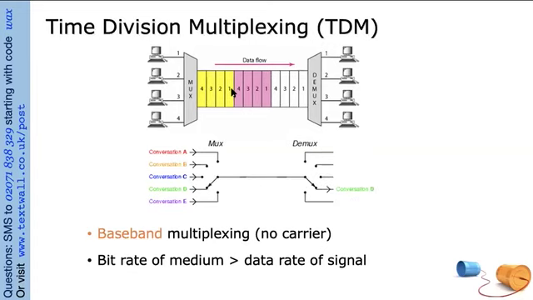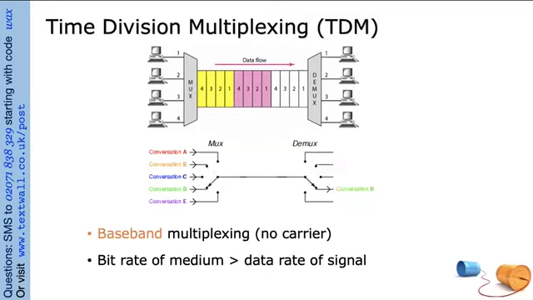So you'd have two slots from conversation 4. But we're not looking at that. In this module, we'll assume that we have the same clock rate, the same sample rate, even if the frequencies are different. Right? So the bit rate of the medium, that's the channel, will be considerably higher than the data rate.